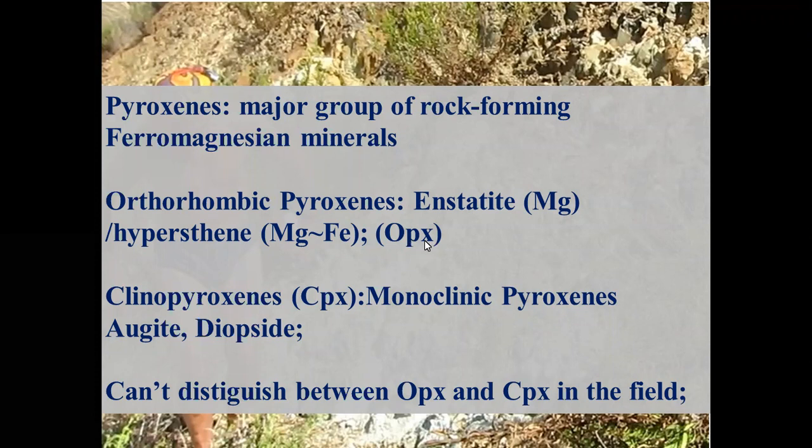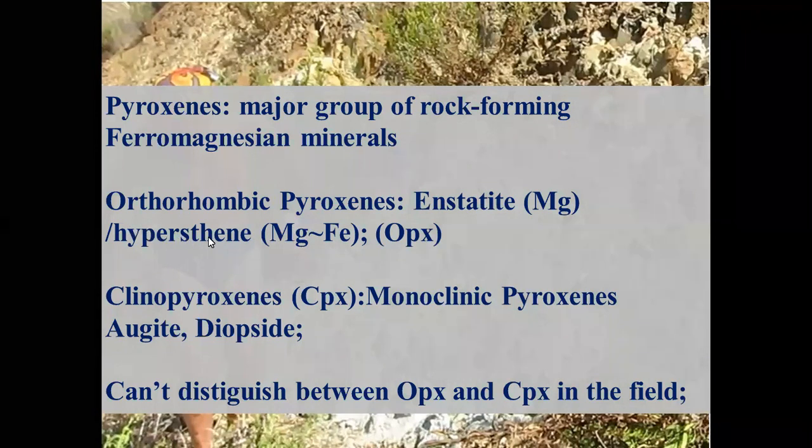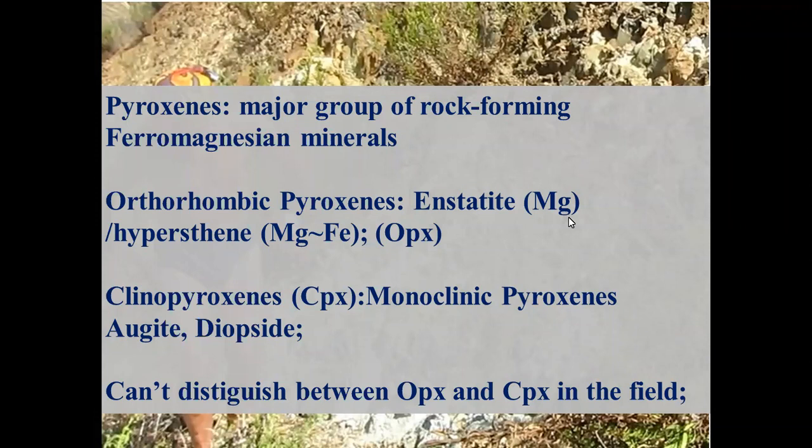These are the minerals that are generally regarded as enstatite and or hypersthene. Now, enstatite is the magnesium-rich end member. Hypersthene is the bit in the middle, which has about the same amount of magnesium as iron within its structure.